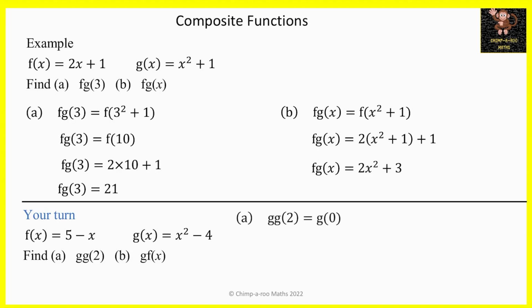Okay, so gg of 2, we put 2 into g, you get 0. So then g of 0 is minus 4. So gg of 2 is minus 4. gf of x, we're going to replace x in g of x with 5 minus x. So 5 minus x all squared minus 4.